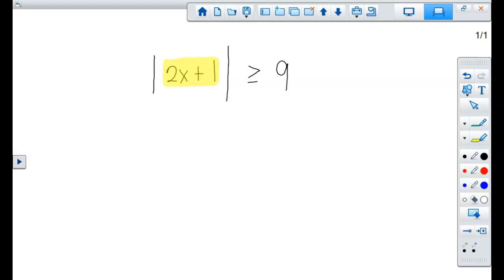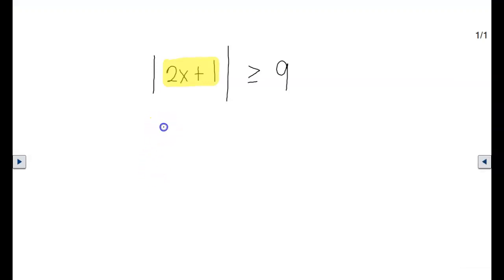And so what we discovered is in this kind of problem, we were going to create two cases. Case 1 was the positive case, and case 2 was the negative case. To get the positive case, we take this problem as is.